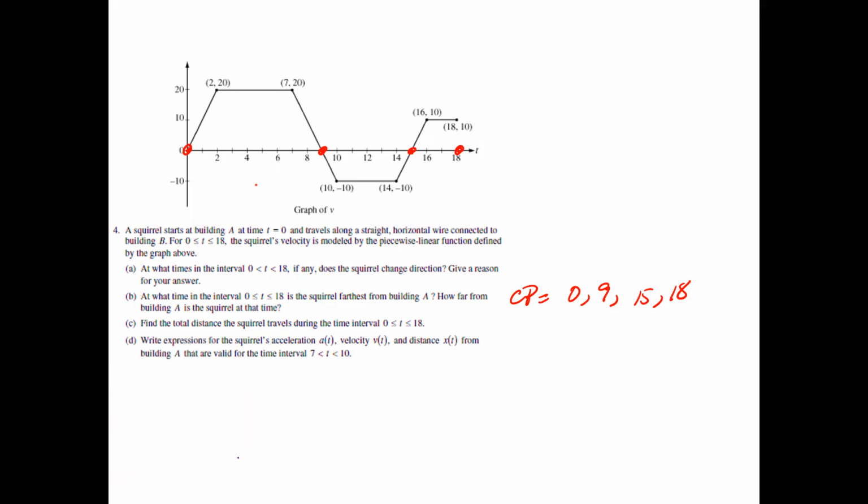What we can do here is look at the areas of these shapes. The first one is obviously a trapezoid. The area of a trapezoid is 1/2 base times height 1 plus height 2.